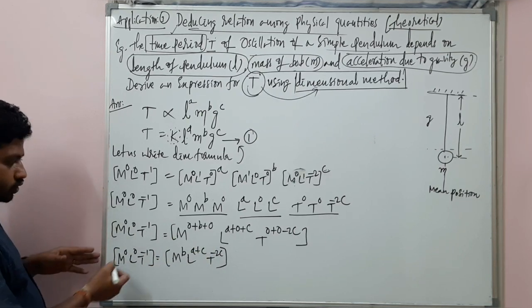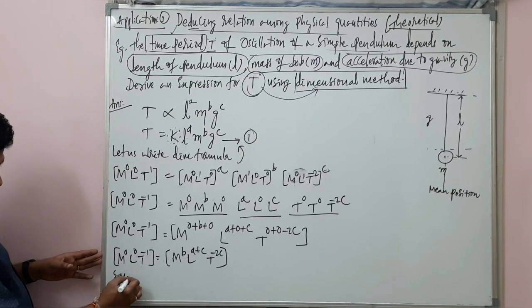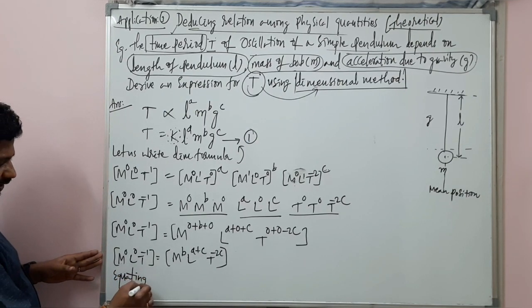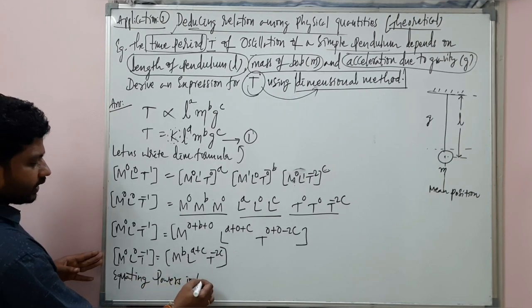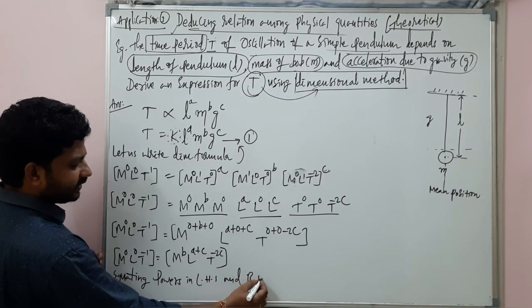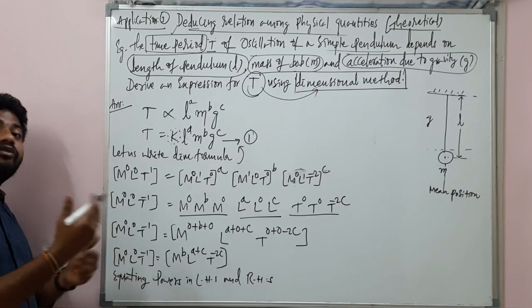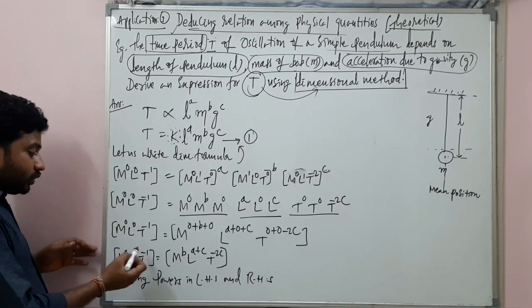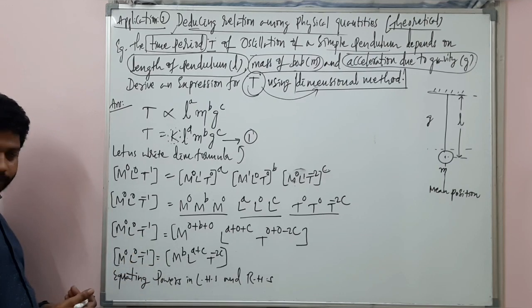Understand? Here we can equate the powers in LHS and RHS, the left hand side and right hand side. We have got a dimensional equation, so their powers can be equated.